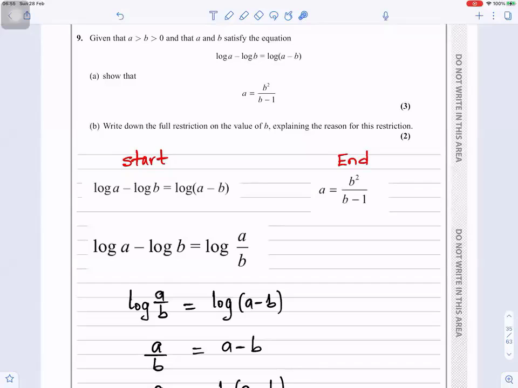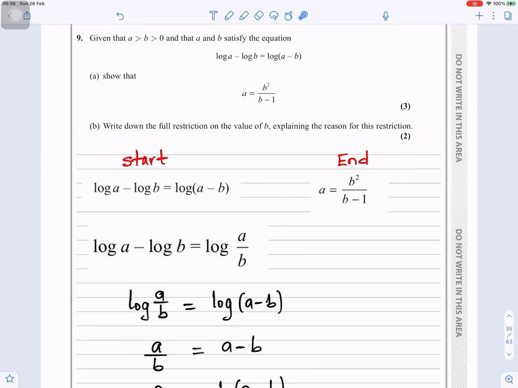Question number 9. Given that A is greater than B is greater than 0, and that A and B satisfy the equation, show that A is equal to B squared over B minus 1. So we start with log A minus log B is equal to log of A minus B, and that's where we want to end.